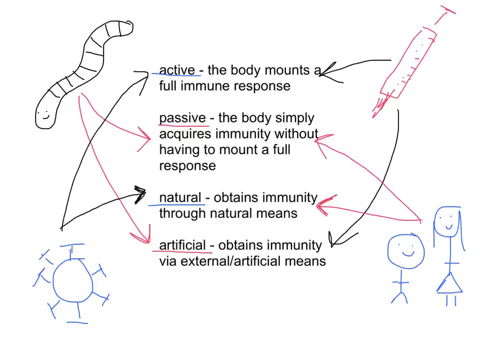So here are the four types of immunity we can have: active, passive, natural and artificial, and four examples of things that can fall under two categories. So vaccines at the top here as active artificial, breastfeeding as a means of natural passive immunity, giving an antitoxin as a means of passive artificial immunity, and general infection as a means of active natural immunity.